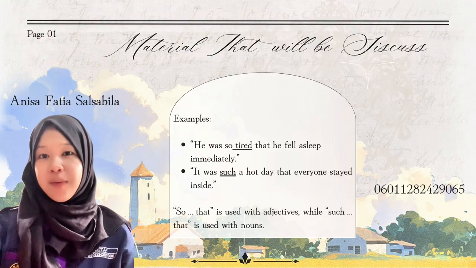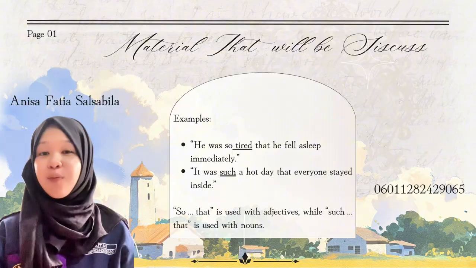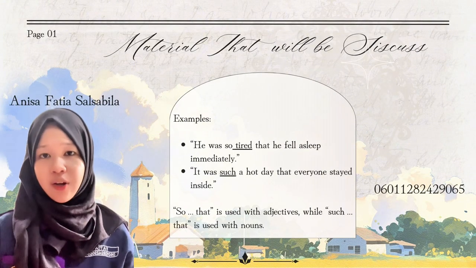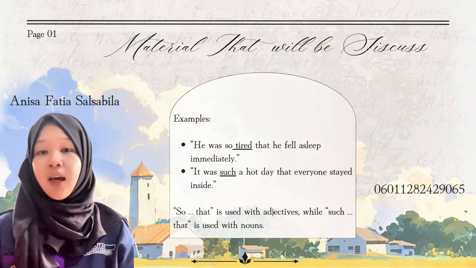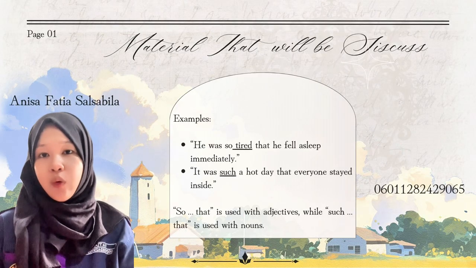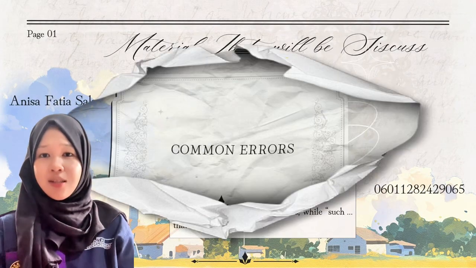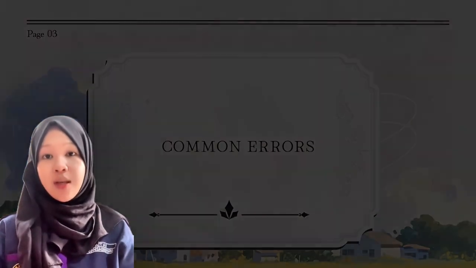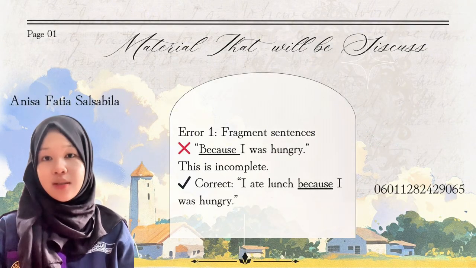What happened because of something? These describe consequences. For example, he was so tired that he fell asleep immediately. And another example, it was such a hot day that everyone stayed inside. So that is used with adjectives, while such that is used with nouns.